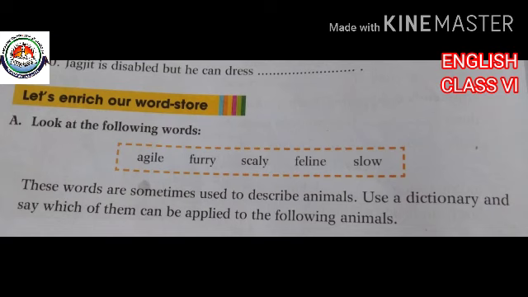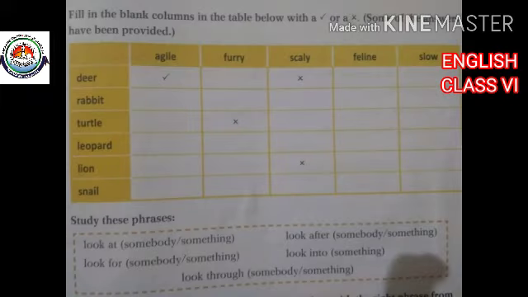You have to find out from the dictionary which word is suitable for the animals given on the next page, page number 45. There are a few animal names given: deer, rabbit, turtle, leopard, lion and snail. You have to find out which quality is suitable for which animal. Now the first one already has been done for you.